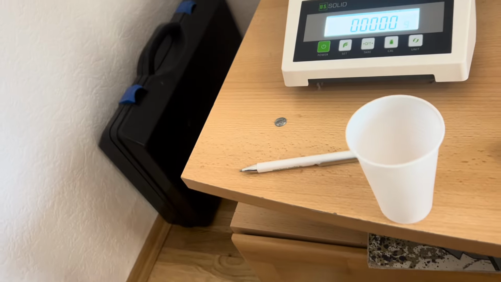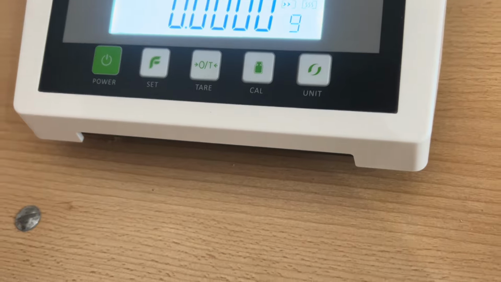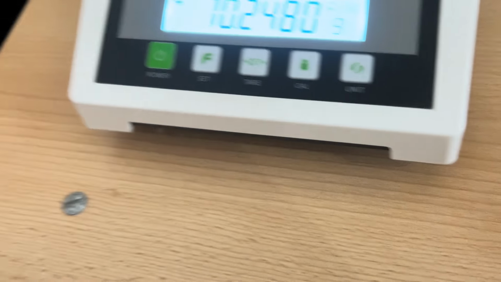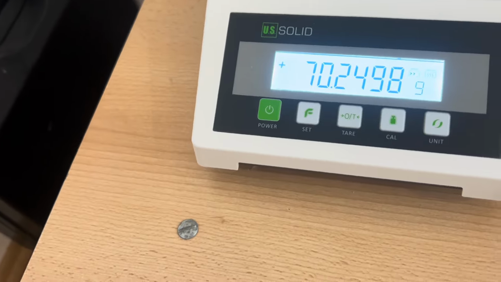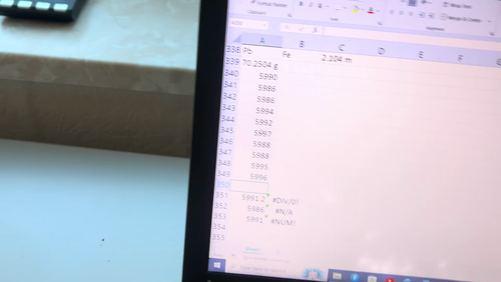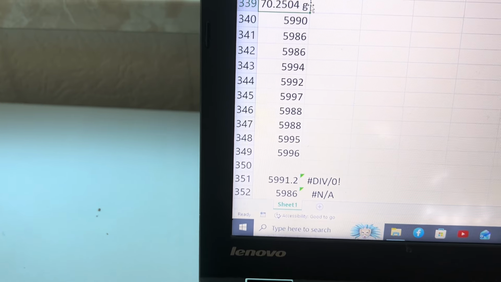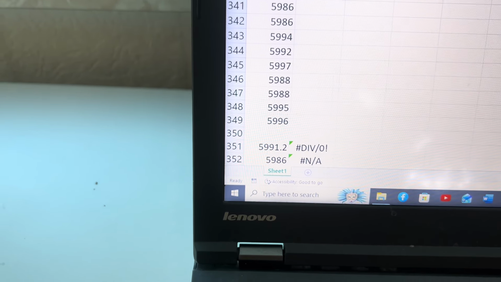But first I should show you the weight. 72.4, 2496. Well, what I wrote down here is 72.5, almost the same.